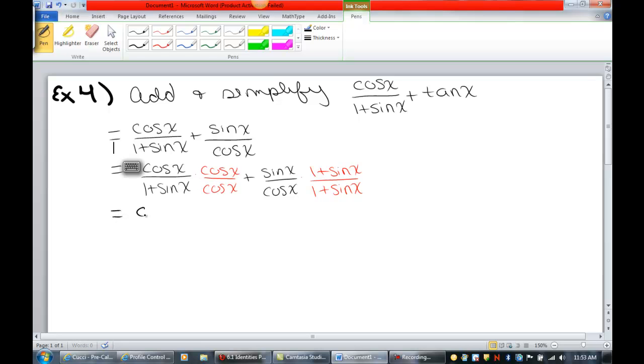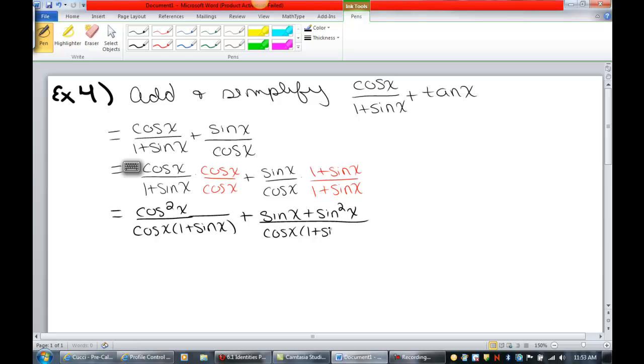In the numerator, we're going to wind up with cosine squared x. In the denominator, I do have to distribute, but actually, let's leave it in undistributed form because we're going to have the same thing on the other fraction as well. Plus, we do need to distribute here, sine x plus sine squared x over, and I'm going to leave it undistributed here as well.